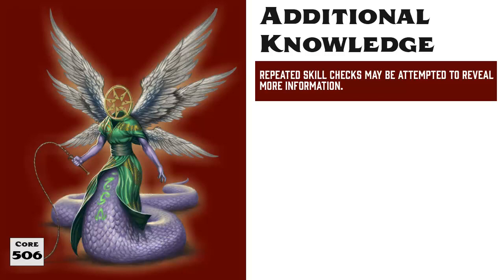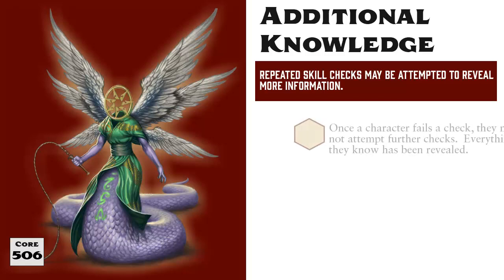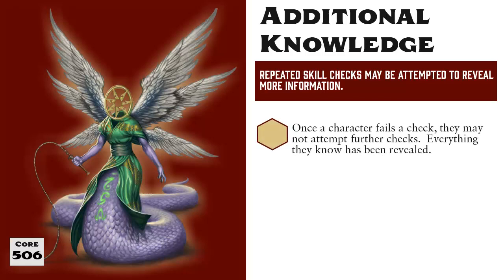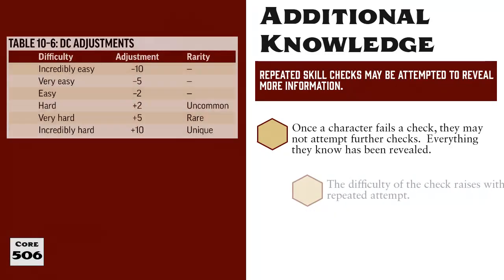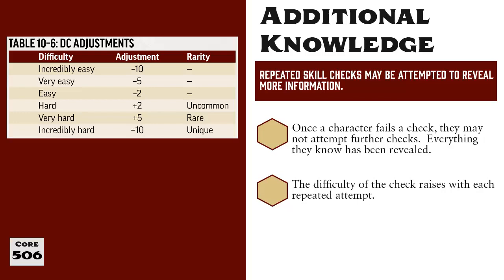You can continue to spend one action and make one skill check, but with 2 restrictions. First, as soon as a character fails a recall knowledge check, they cannot make any further checks on that subject. At that point, the GM has revealed all the information they know about that creature. And second, the DC increases by 1 difficulty level with every additional check.